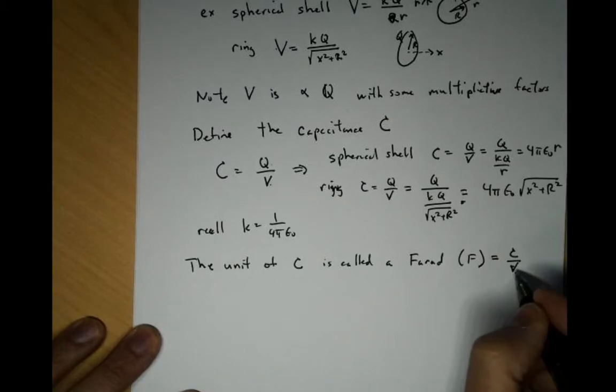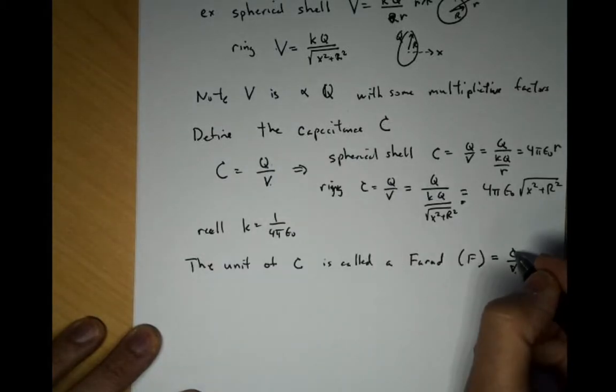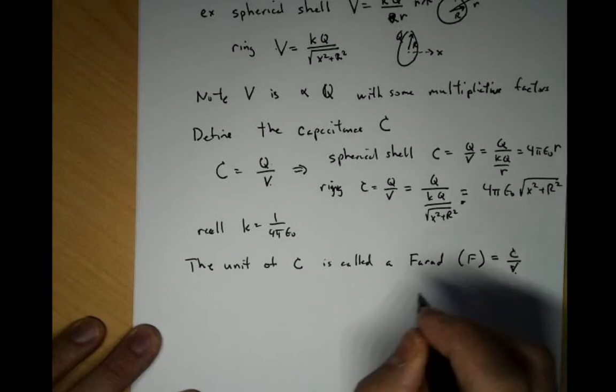Potential is basically a volt. Unit of charge is a coulomb. So coulomb over volts, basically.